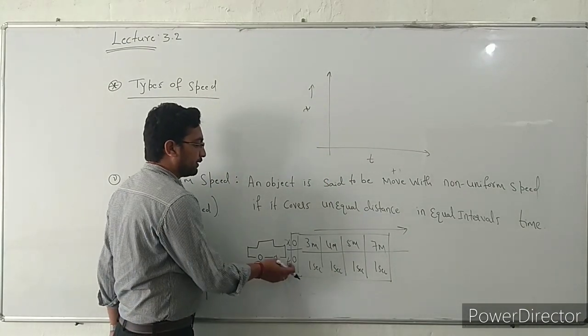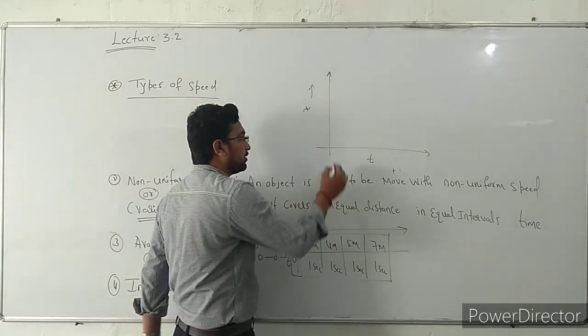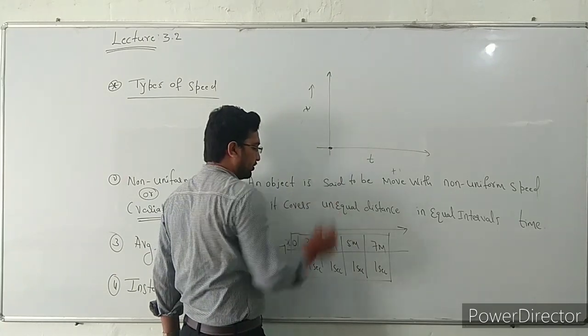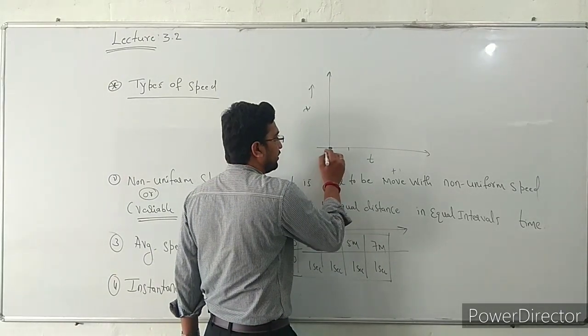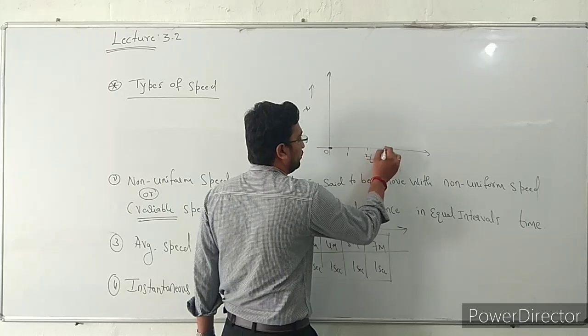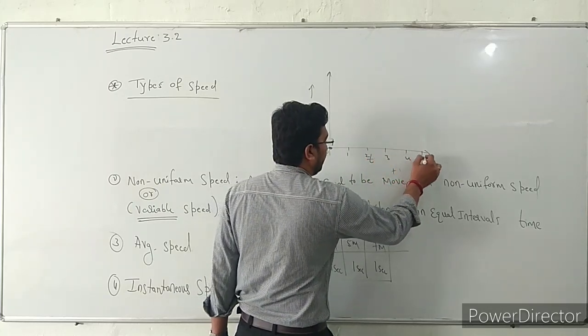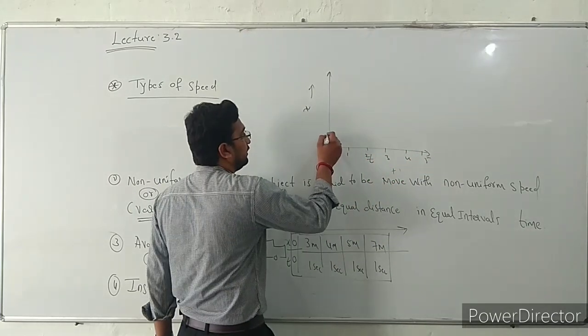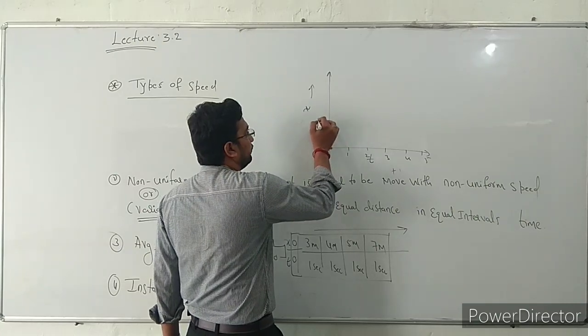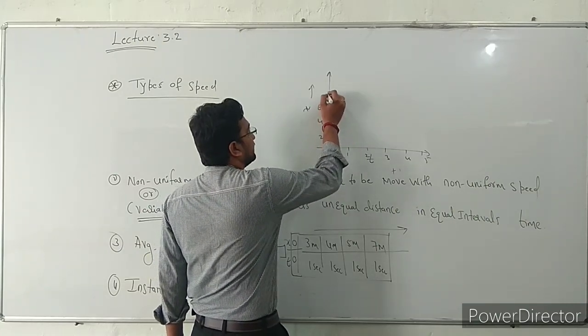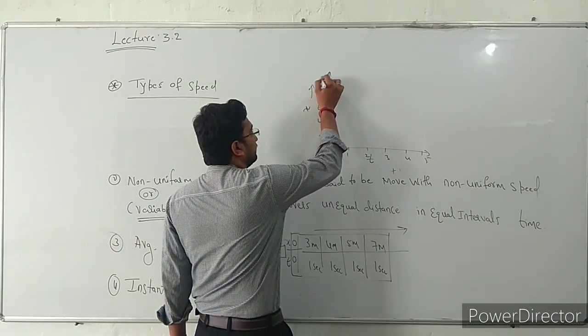If the time is 0, the x value is also 0 at this position. The time intervals are 0, 1, 2, 3, 4 and 5, and here it is 2, 4, 6, 8, 10.